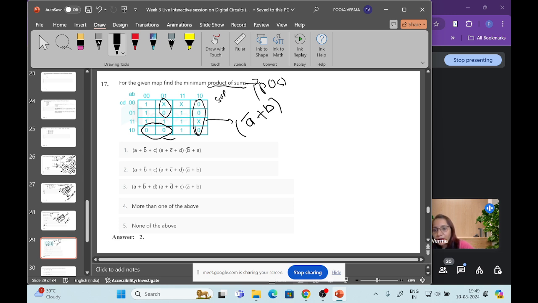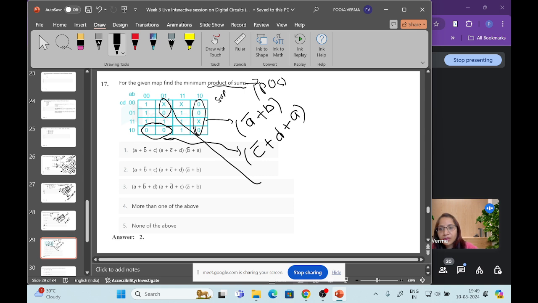And what will be the value for this one corresponding? Here it is only one row, so corresponding row value, I'm writing it here. So what you will get? C bar plus B, right? Now check corresponding columns. So what will be the common? 0 will be common, that means plus A, right?